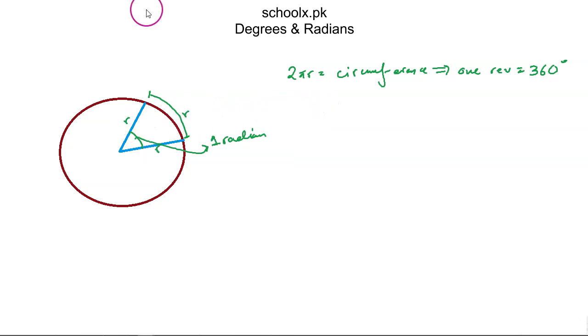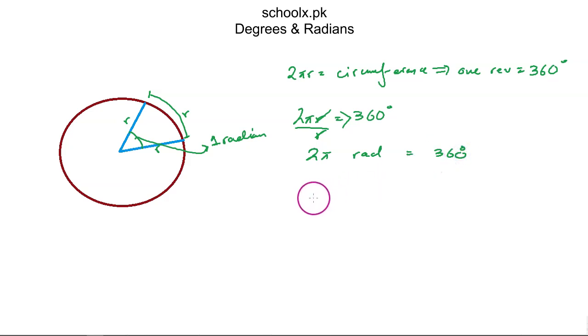So now 2 pi r covers 360 degrees, and 1 radian covers an arc length of 1 r. So how many radians are present in 360 degrees? That will be 2 pi radians, right? 2 pi rad equals 360 degrees, because I divided this expression by r. It gave me 2 pi rad equals 360 degrees. So 2 pi radian is equal to 360 degrees.